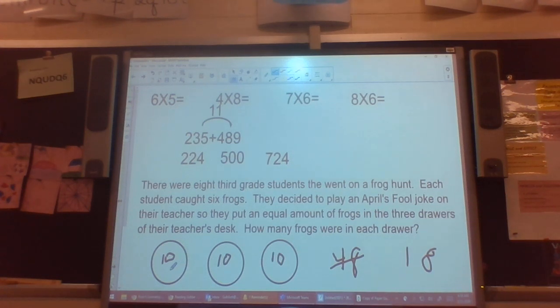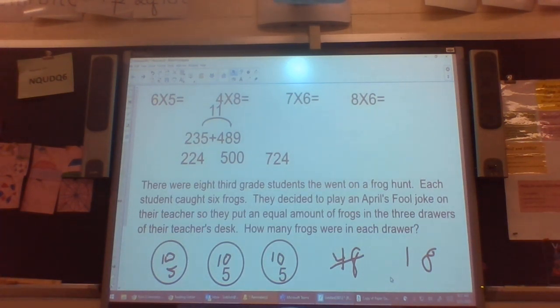I know I could put 5 in each one of these. Maybe I should do it with numbers. That would have been easier. And I can get rid of the 18.